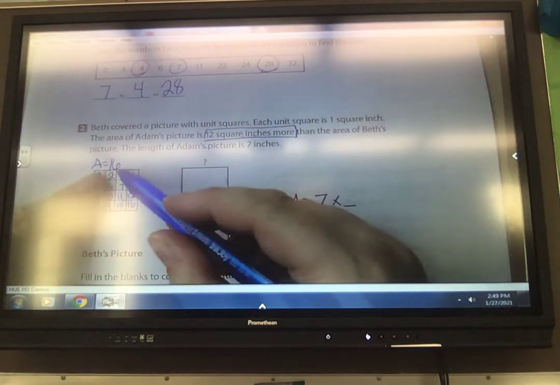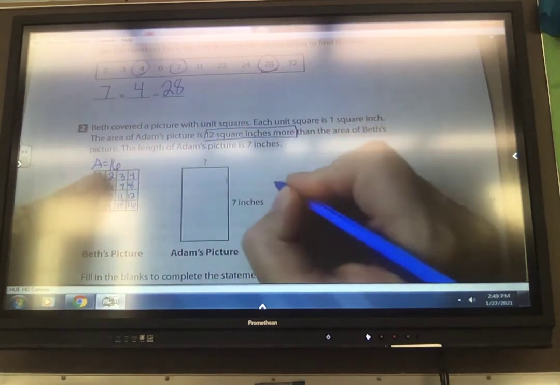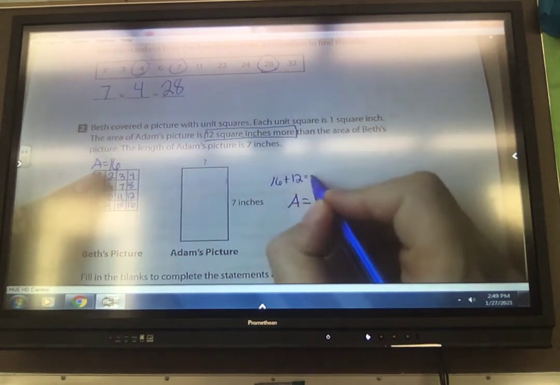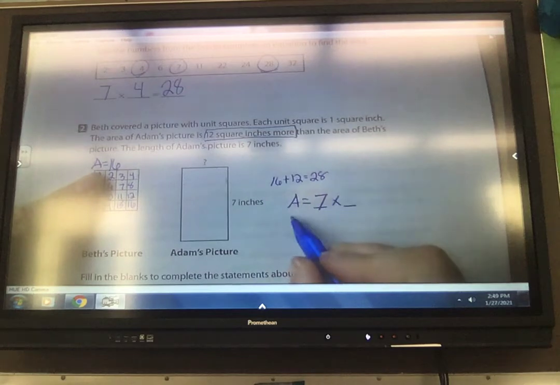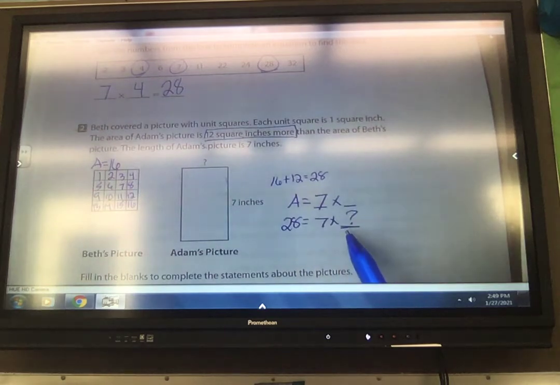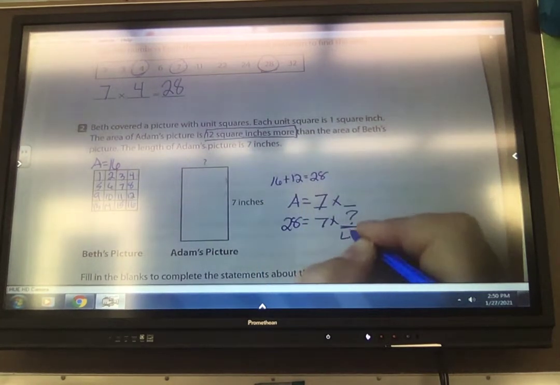And Adam's is 12 more, so 16 plus 12 would be 28. So now I know 28 equals 7 times what number? What is this question mark going to be? 7 times what is 28? 7 times 4 is 28.